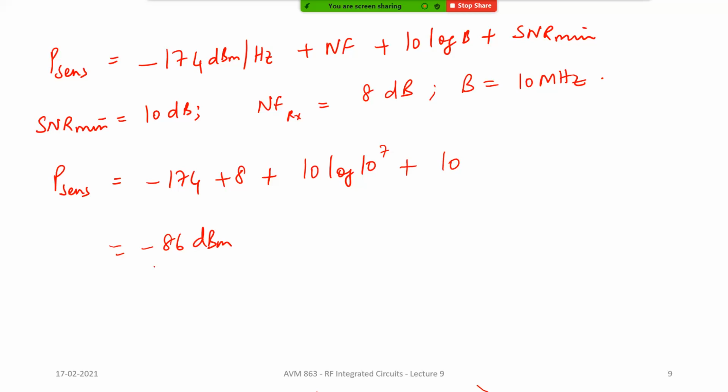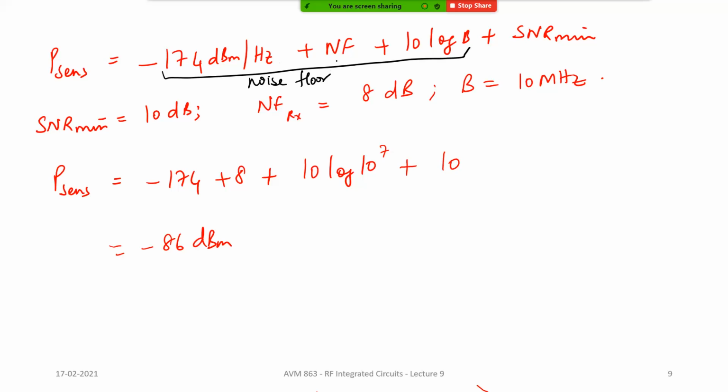Okay, and the first three terms in this equation, this is what is usually called the noise floor. Whether you like it or not, you are going to have that noise. And it's only above that how much SNR you need, that will become your sensitivity.